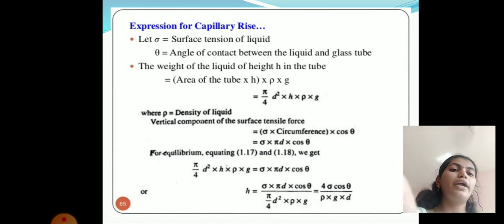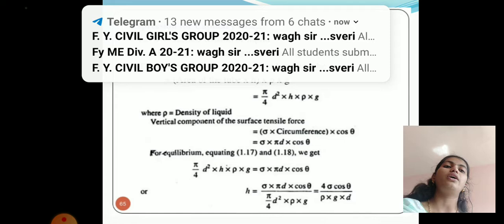Now the formula of height is sigma into pi into d into cos theta divided by pi upon 4 d square into rho into g. Here sigma and pi are multiplied, so it is h equals 4 sigma cos theta divided by rho into g into diameter d.